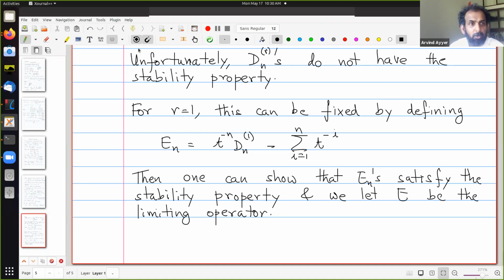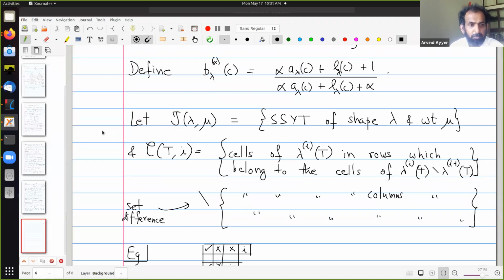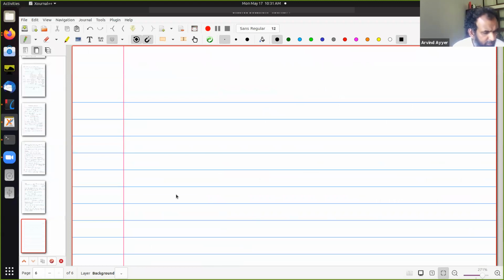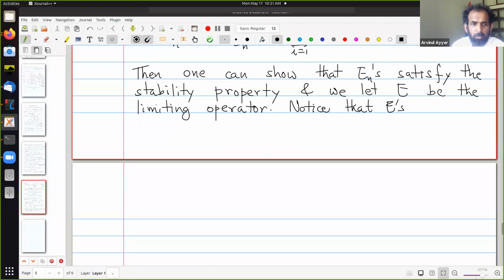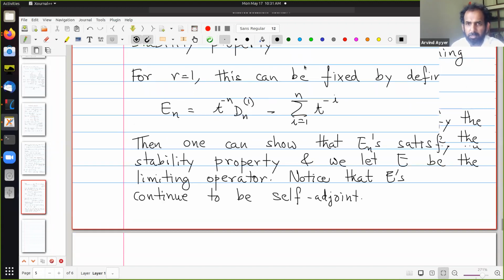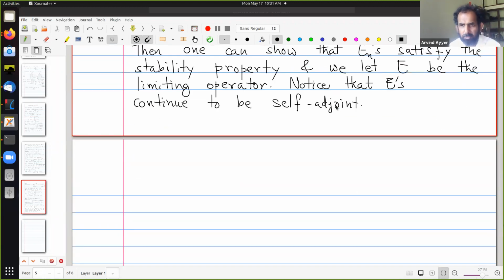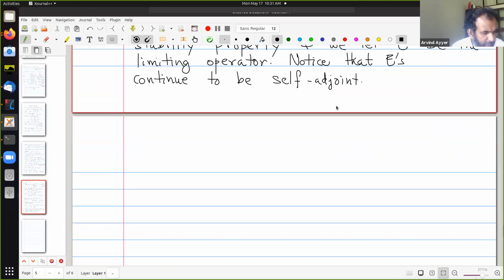Okay, so now I can state the main theorem. So notice that E's continue to be self-adjoint. So we don't lose that property, because this extra bit is just scalar multiplication.